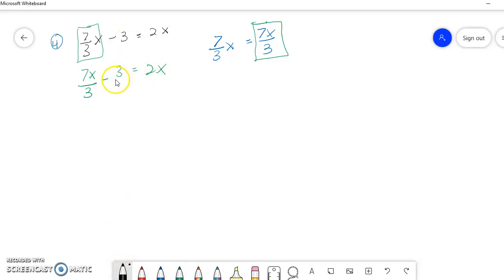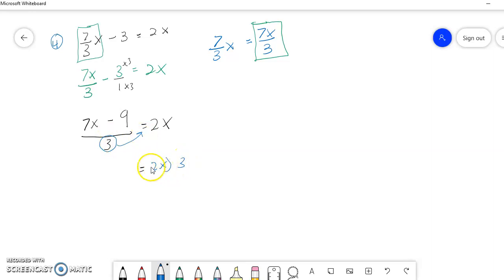Now make the denominator the same. Here we multiply with 3, multiply with 3. So you'll get 7x minus 9 over 3, and here is 2x. This 3 moves to the opposite side and becomes multiply.